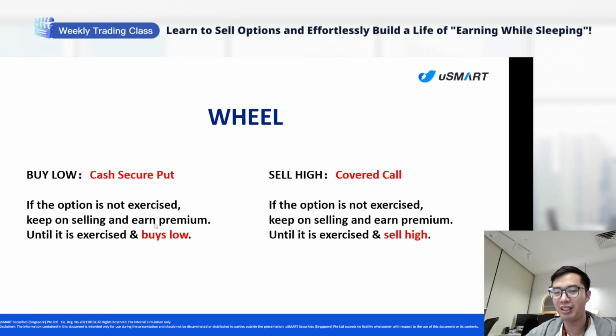Why I keep repeating is because I used to be a very newbie, and I was very confused about buying and selling. So I came up with this idea: just remember that selling calls, and we don't do naked calls, is taking profits. Selling puts with enough cash secured is a buy limit.